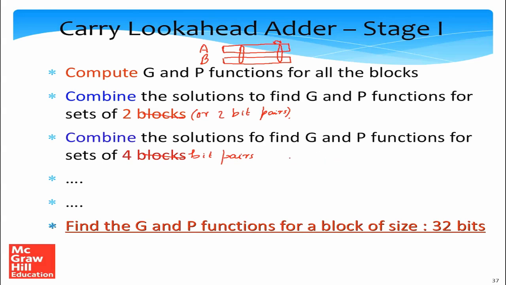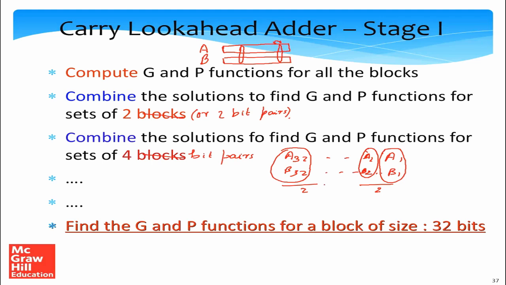So if we start out assuming that A has 32 bits and B has 32 bits, we start out in a parallel fashion by computing the GNP functions for each pair of bits. At this point, each block contains 1 pair of bits. Then we combine, for let's say A1, B1 and A2, B2, the solutions to get the solution for a 2-bit system.